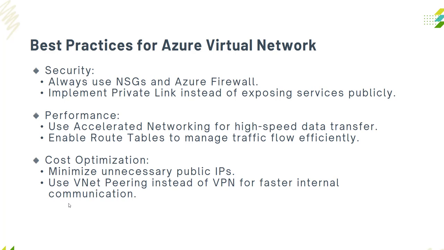Use smaller chunks of VNets instead of one large one, because it will help you manage multiple VNets. Applying subnet NSGs will enhance your security. Enable monitoring with Network Watcher to monitor your VNet traffic.